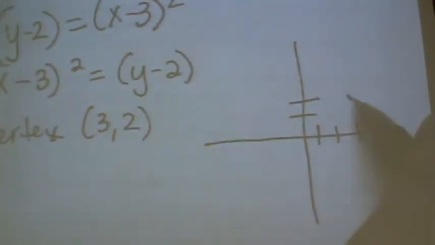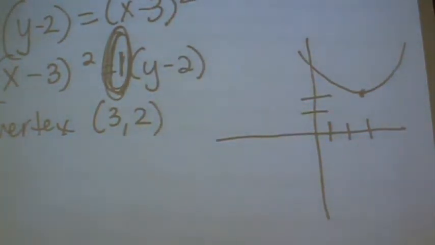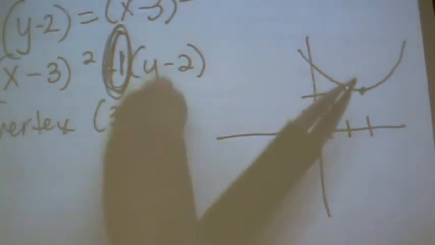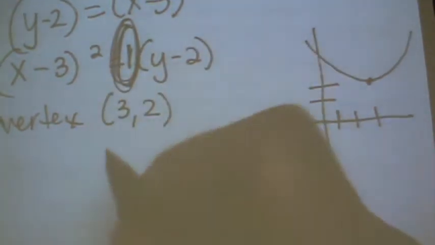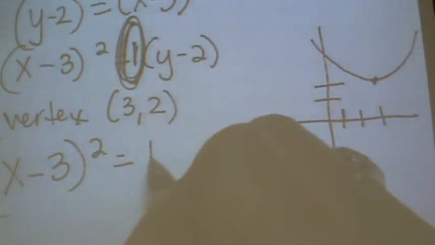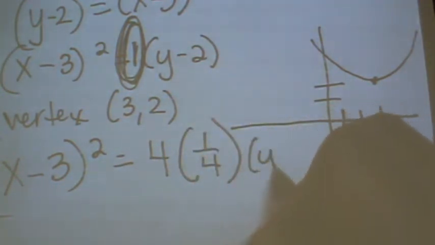Now this one again is going to be going up like this, right? Now I need to know what this p-value is, and I don't see anything in front. So really there's a 1 there. How can I miraculously put a 1 here, a 4 here, and another number so that I get a 1? 1/4. Yep. 4 and 1/4 are the magic numbers.